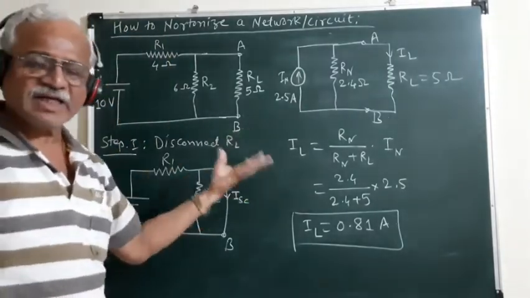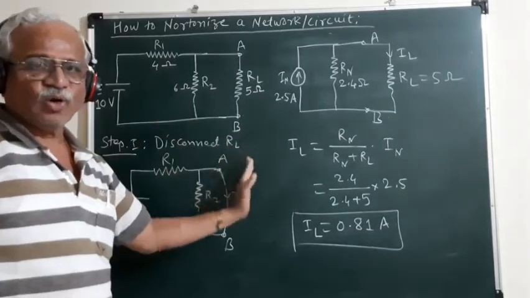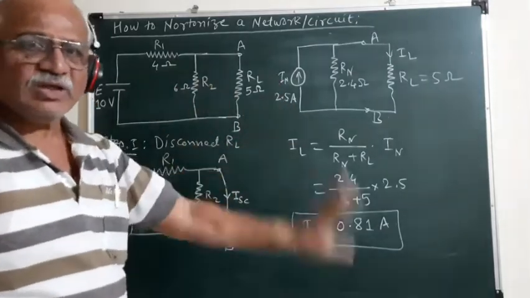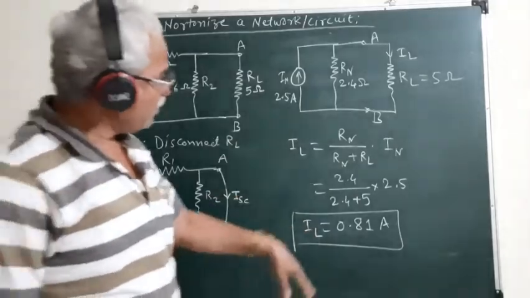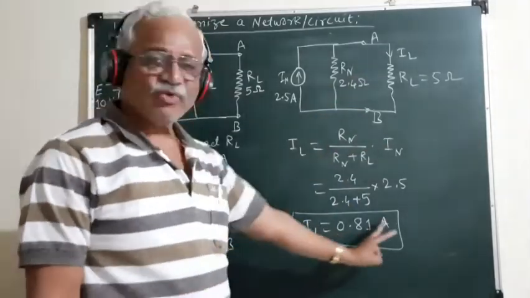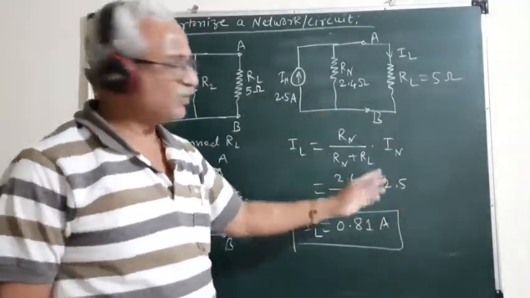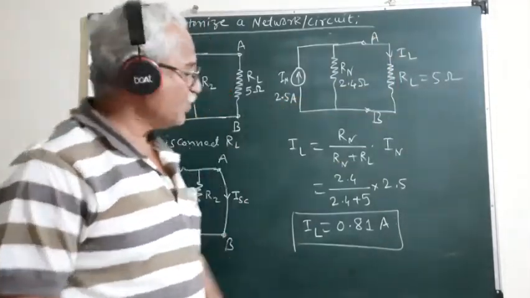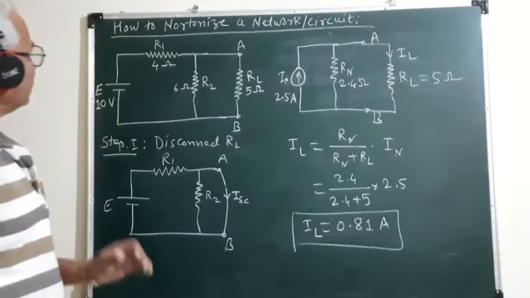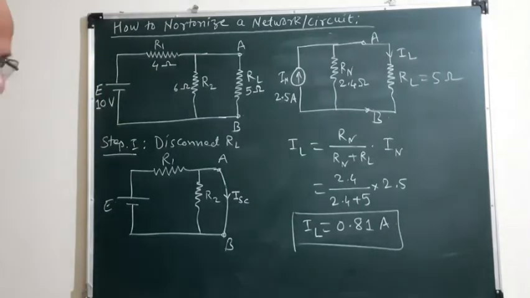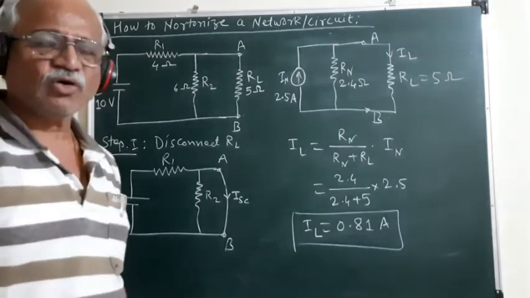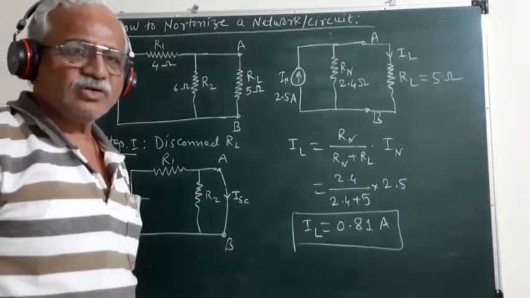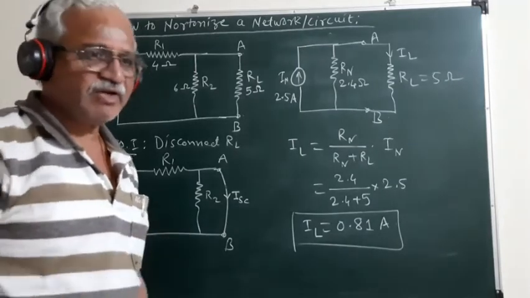Nortonizing a network is to obtain the current flowing through the load resistance, or, knowing the value of load resistance and current flowing through it, we can also find the potential difference across the load resistance. So that is about Norton's theorem and how to Nortonize a given network.